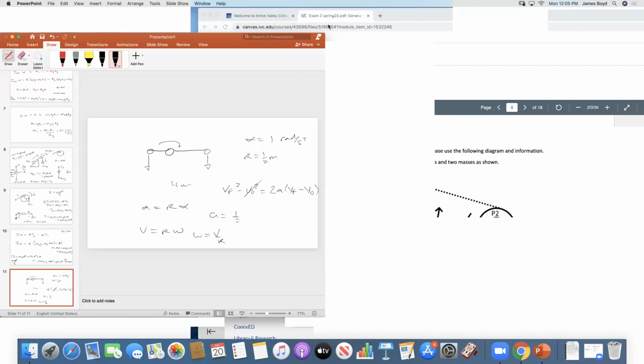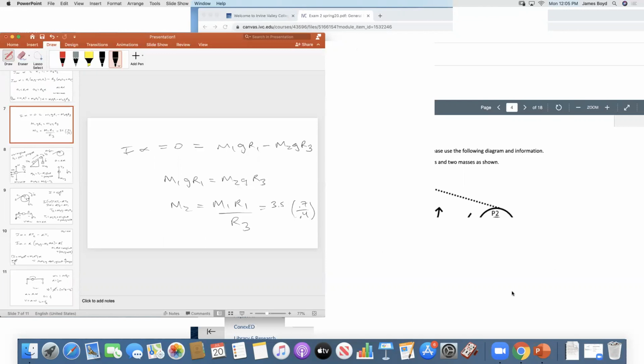If you go back and look at Thursday, we talked about how to do this same problem with energy. So you could do all this torque diagram stuff, or you could do energy. But I'll tell you this, if it's moving with constant velocity, the energy doesn't make any sense because the energy is going to be the same.